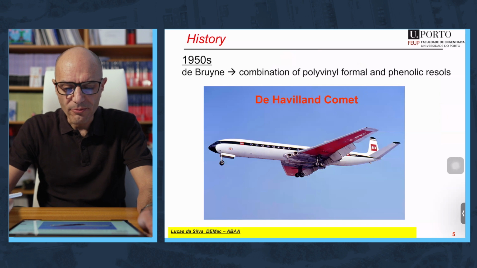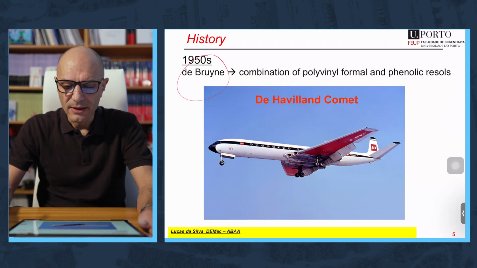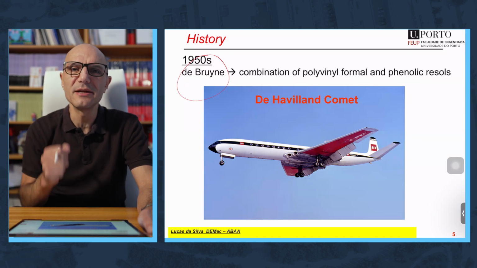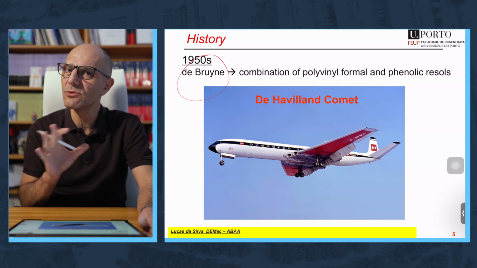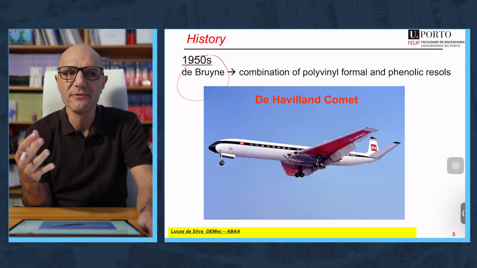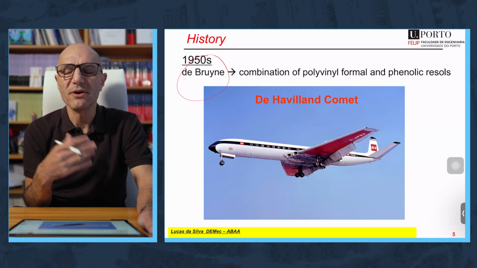Later, another breakthrough by de Bruyne, a very famous English chemist, who could modify the first synthetic adhesive that was used, phenolic, with a more ductile adhesive, because the first synthetic adhesives were extremely brittle, and mechanical engineers don't like to work with brittle materials. They like materials that will yield, that will have some plasticity, some toughness.